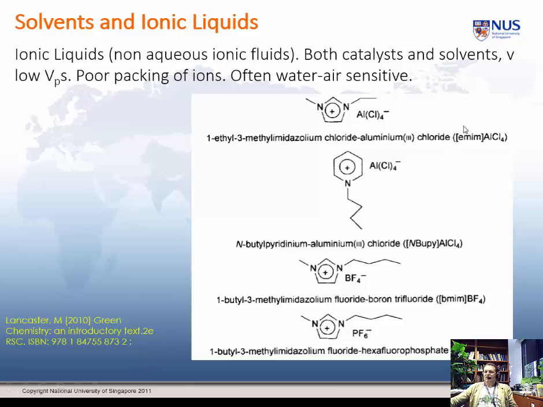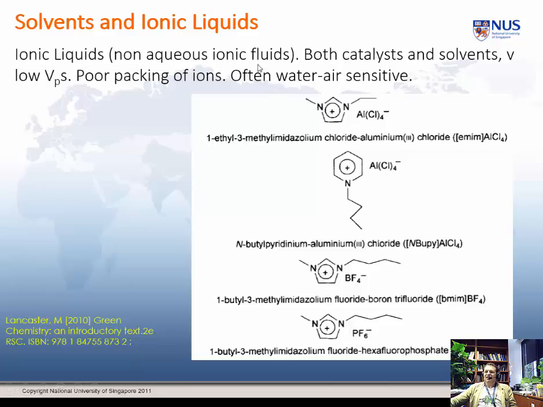So, how do they work? I'm going to think of them as solvents initially, but then we'll look at their roles also as catalysts. Basically, you have charge separation, but very poor packing of the ions. These aren't going to form a crystal any millennium soon. Because the two ions are held together by electrostatic attraction, they have pretty much no vapor pressure.